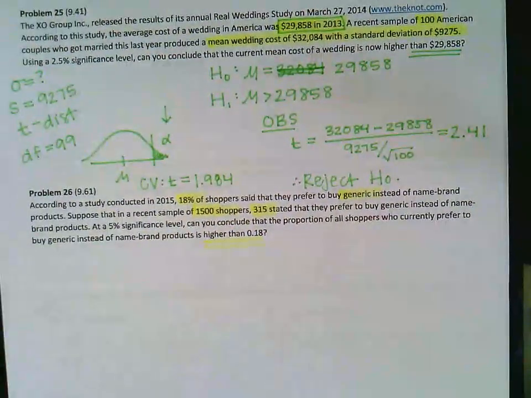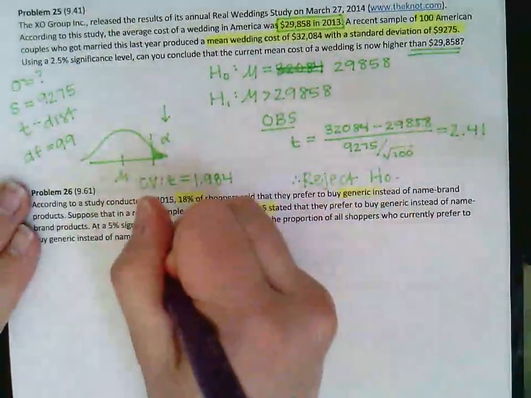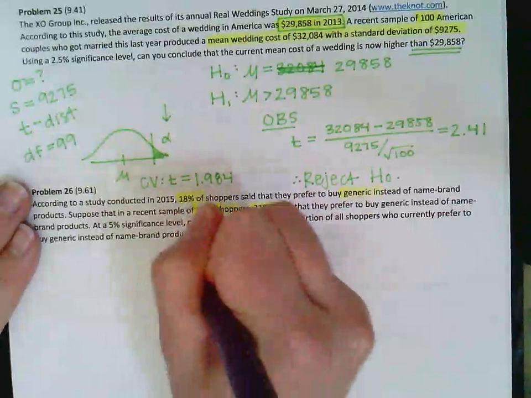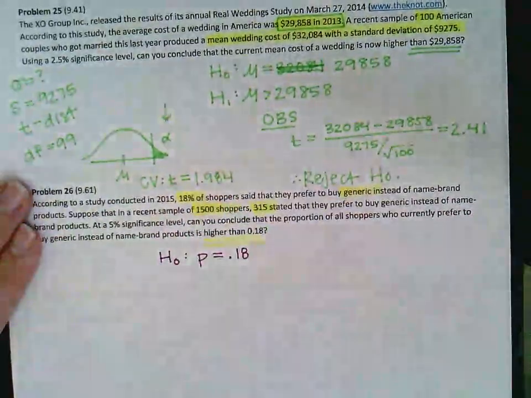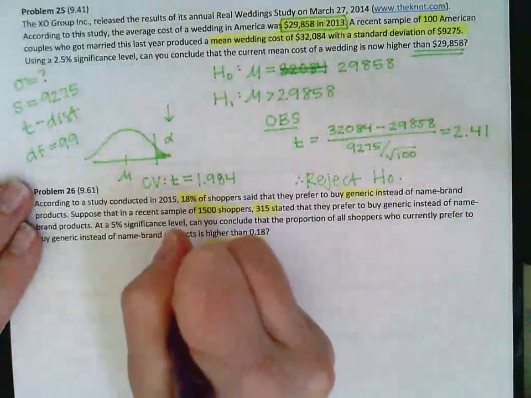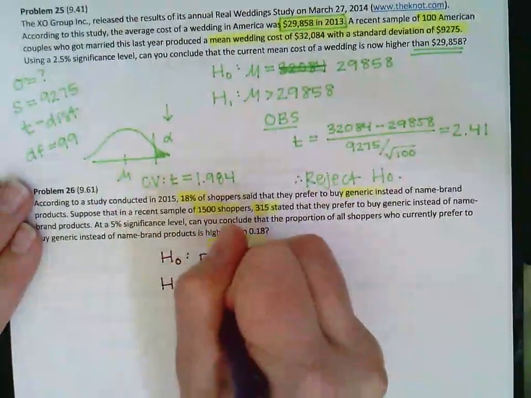So let's go ahead and go through this and see what information is given to me. In this problem, I'm going to set my null hypothesis to be that the true proportion is 18%, and I'm trying to test, is it actually higher?